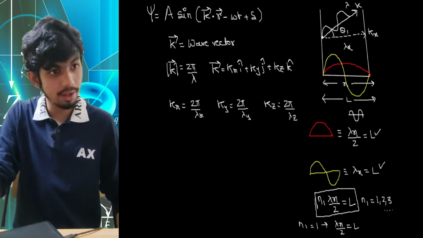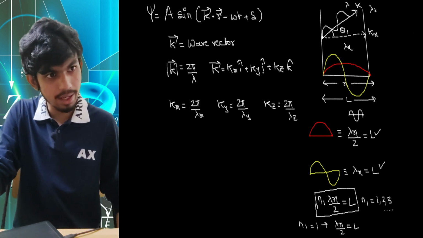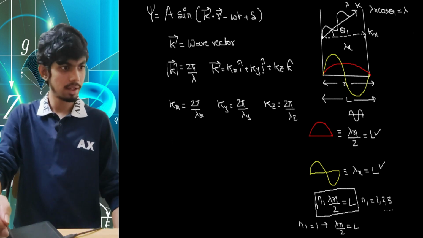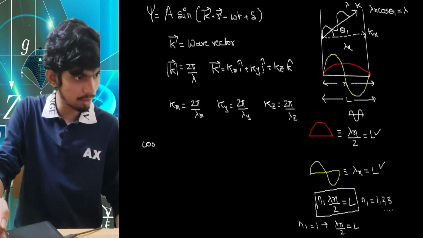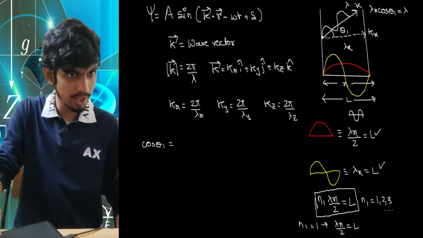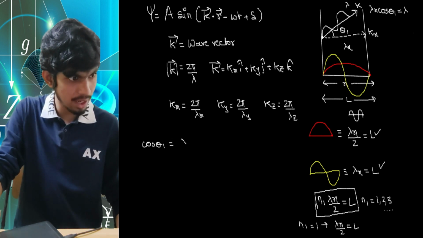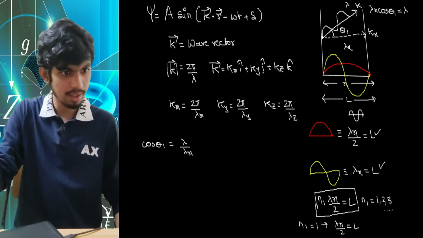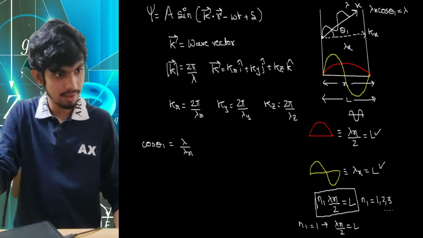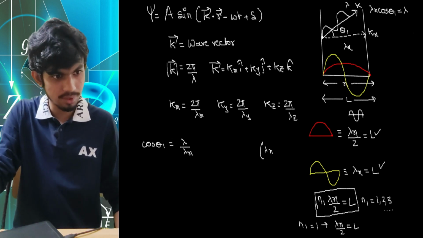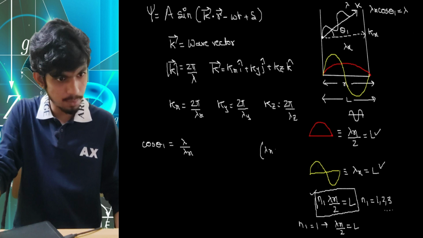Now notice from this diagram, I can write lambda x cos theta 1 is equal to lambda, right? And so cos theta 1 is basically lambda divided by lambda x. And I know what lambda x is, right? So lambda x from this expression over here is basically twice of L divided by n1.